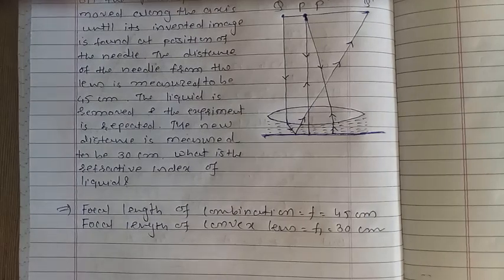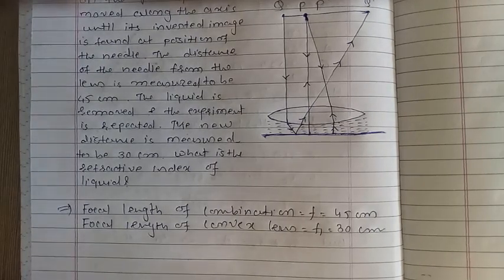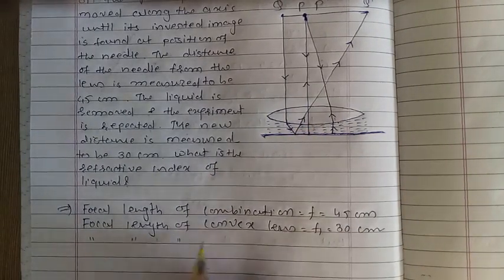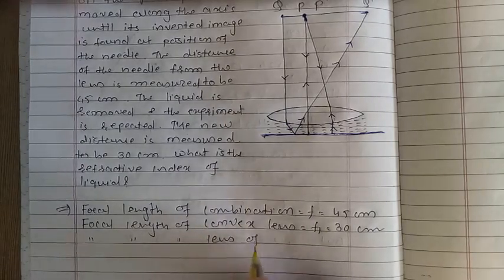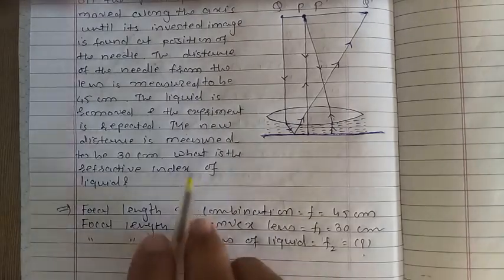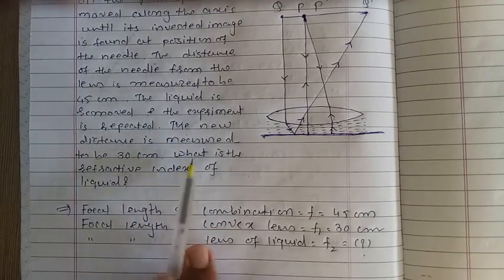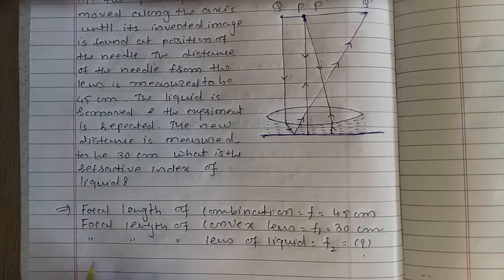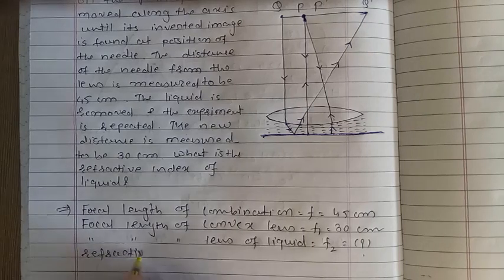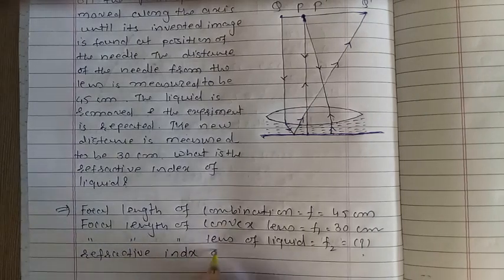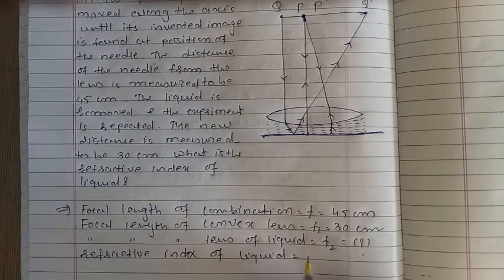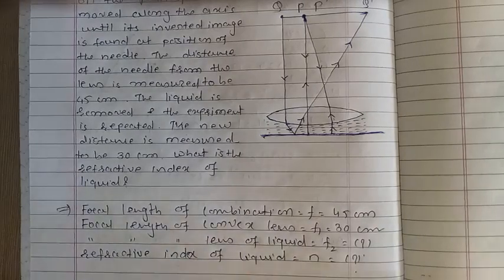Okay, now we don't know the focal length of the lens in liquid, right? So we have to find this. The focal length of the lens in liquid is f2, and we don't need the value directly. What we have to find out is the refractive index of the liquid.